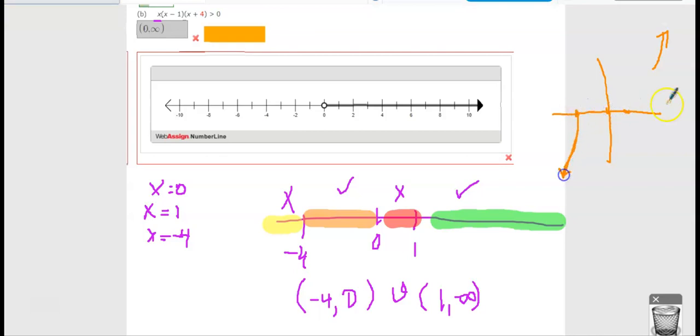So you know it's going to look like this. Without a calculator, if you know what cubic functions look like, it's going to look like that. And where is it greater than 0? Well, you can see it's greater than 0 there, and it's greater than 0 there. So you could do it either way, it's fine.